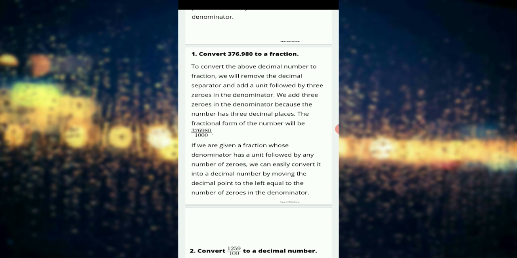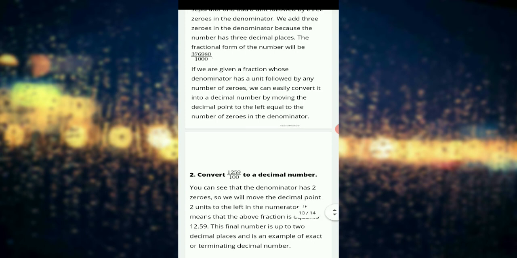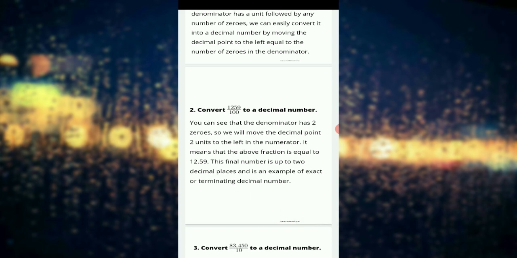If we are given a fraction whose denominator has a unit followed by any number of zeros, we can easily convert it into a decimal number by moving the decimal point to the left, equal to the number of zeros in the denominator. For example, convert 1259 upon 100 to a decimal number. Very simple, student.